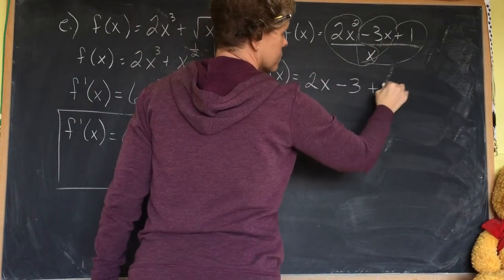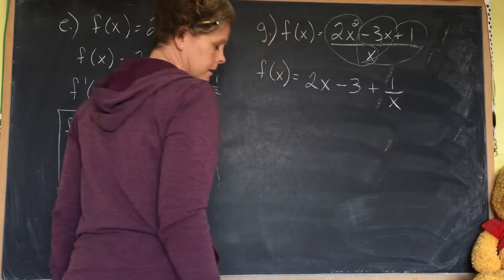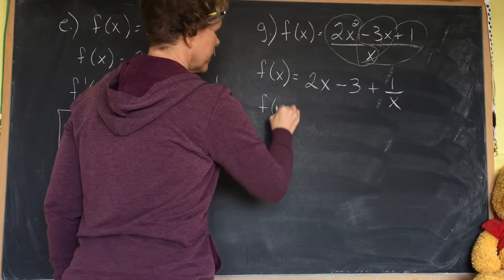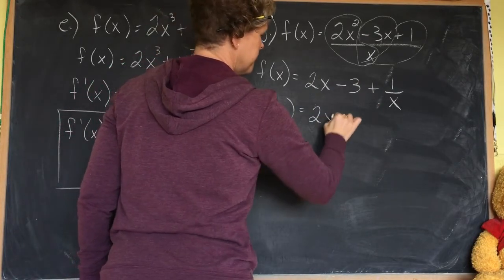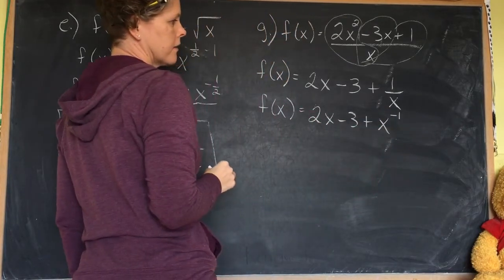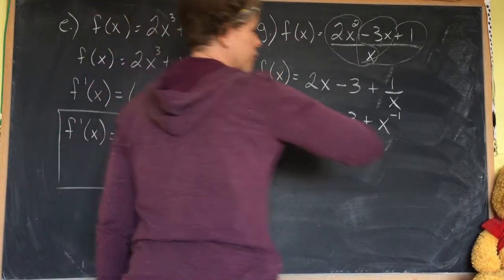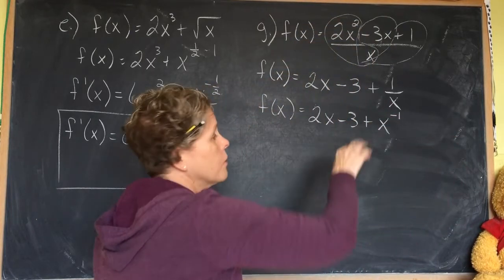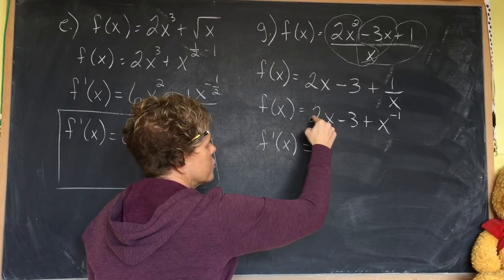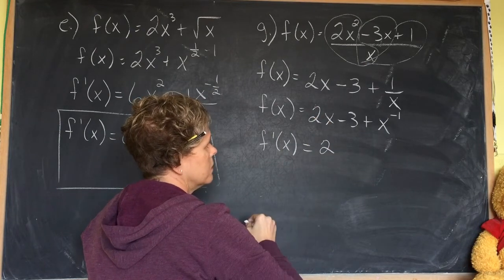Here, nothing cancels, so I'm going to have 1 over x. Okay, now I'm still not there yet because I have a fraction here. So I'm going to rewrite it again. Now I have x to the negative first. Now I am good. No fractions, no division. I can go through and take that derivative. 2x is just going to turn into a 2.